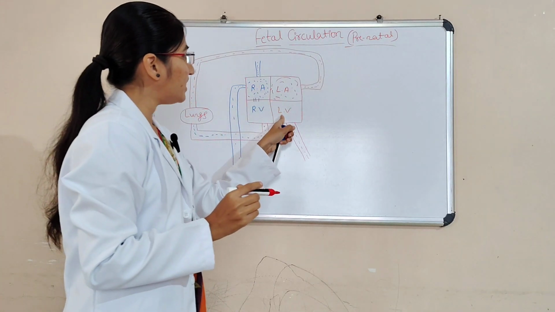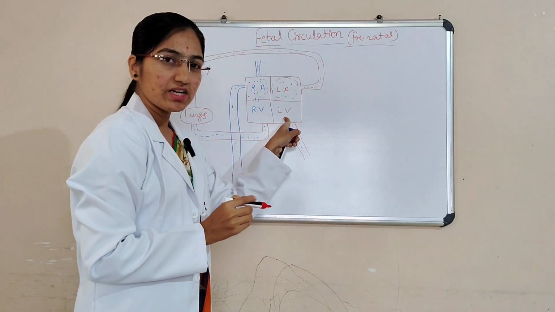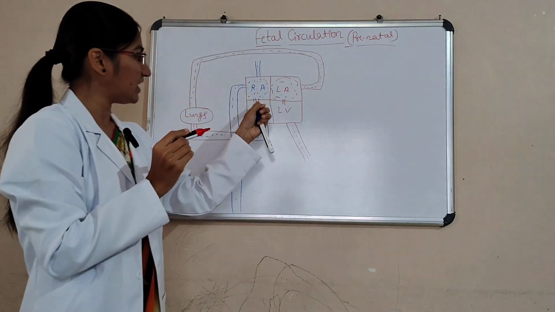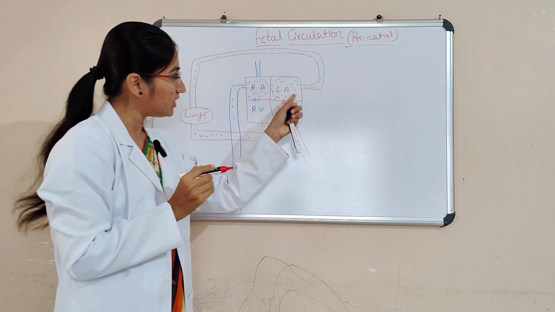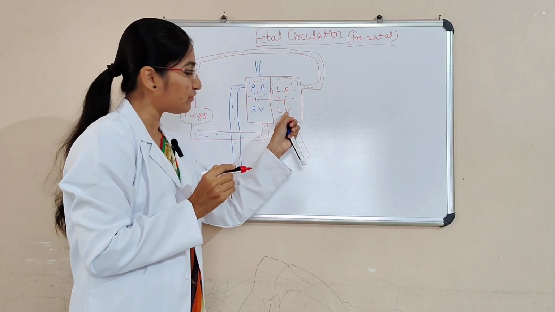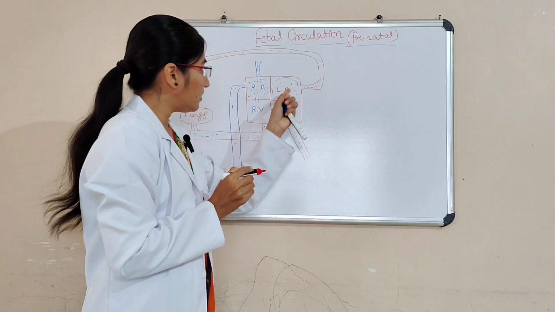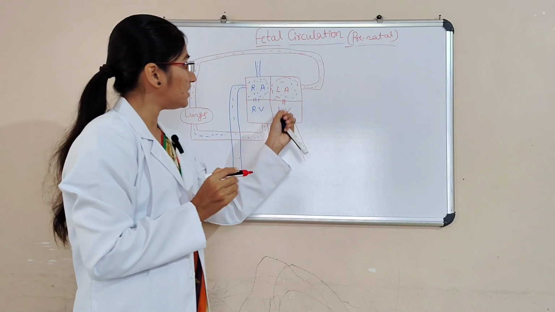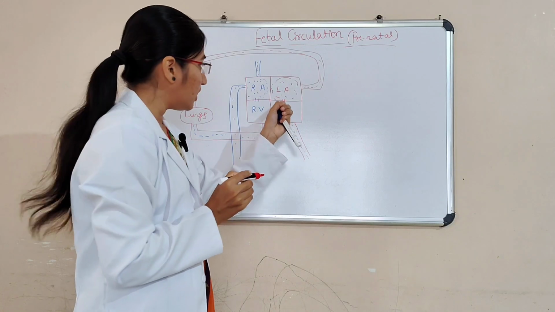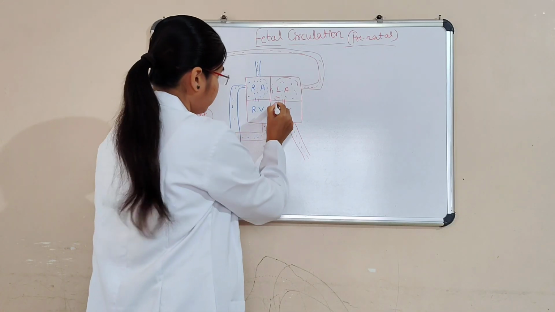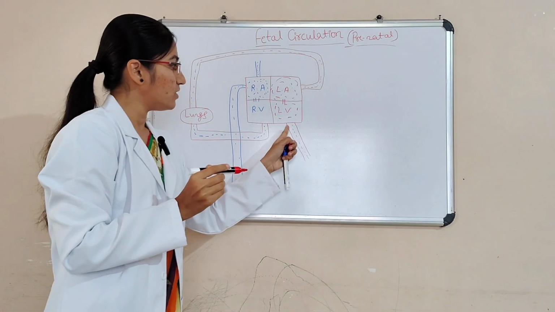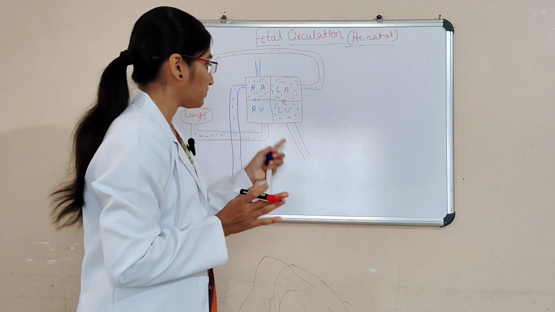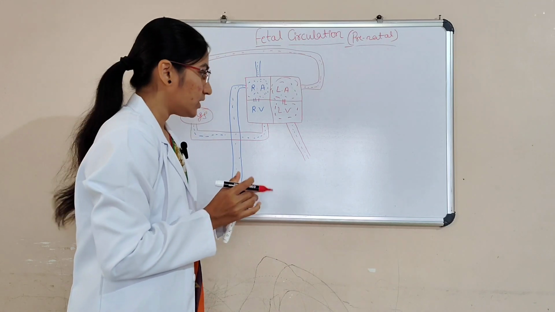From the left atrium, it enters the left ventricle through the bicuspid valve. In between the left atrium and the left ventricle, there is a bicuspid valve. After that, from the aorta, it circulates to the whole body parts, organs, tissues.